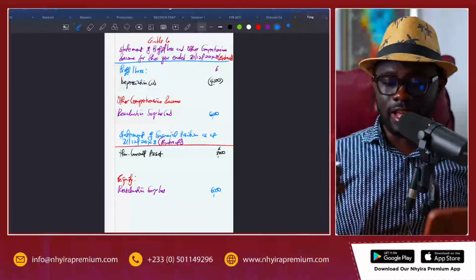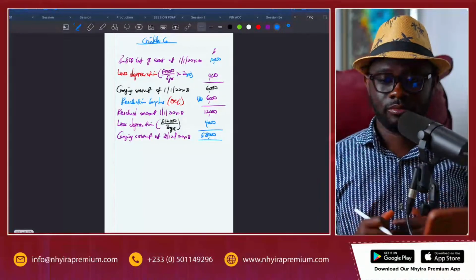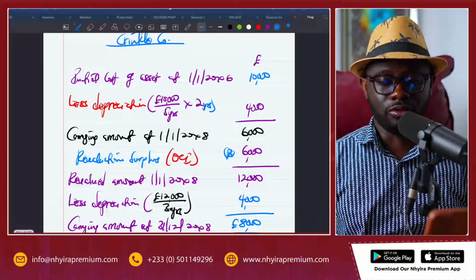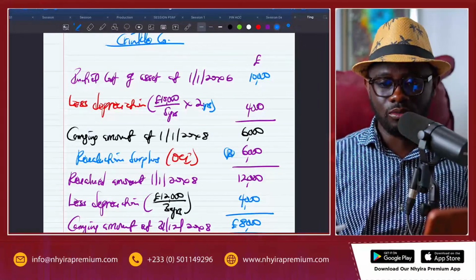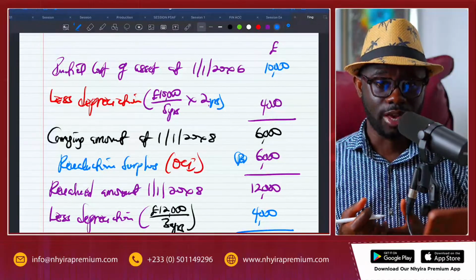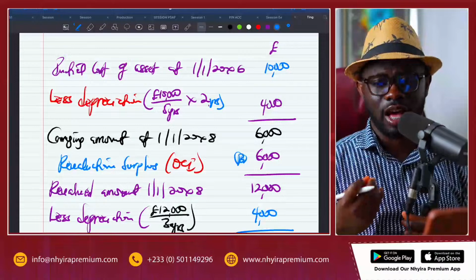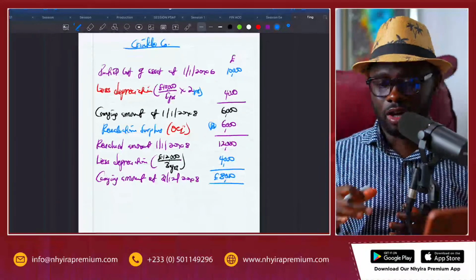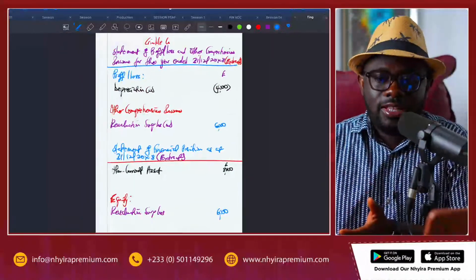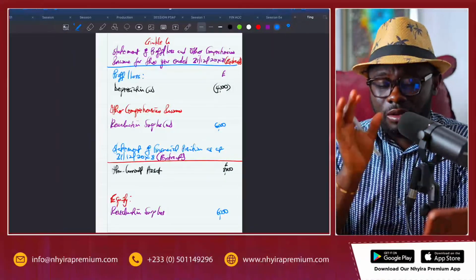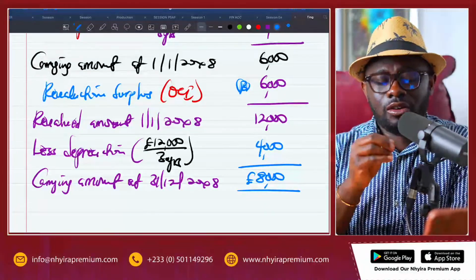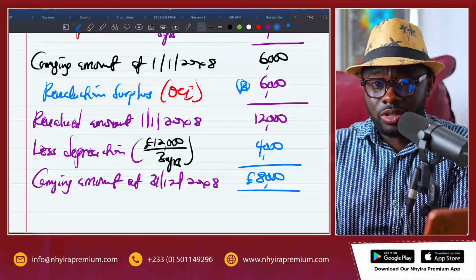So this is the answer to the question in respect of what we have to do. Again, in this one, we are assuming that the entity doesn't make transfers. Okay? So the question we have to ask ourselves is, how would we present this if the company makes a transfer? Because if you remember, I said that depreciation is calculated on the revalued amount.